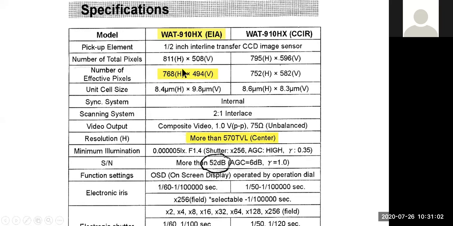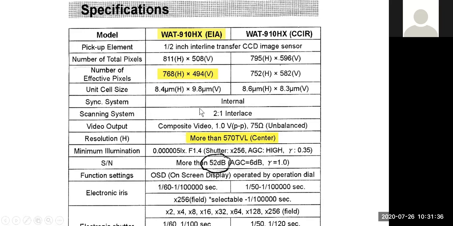Now it has 768 horizontal pixels. It's a CCD camera, and the camera has an in-camera conversion, so the 768 horizontal pixels are converted to, they say, 570 TV horizontal lines. So you see, it's really changed.